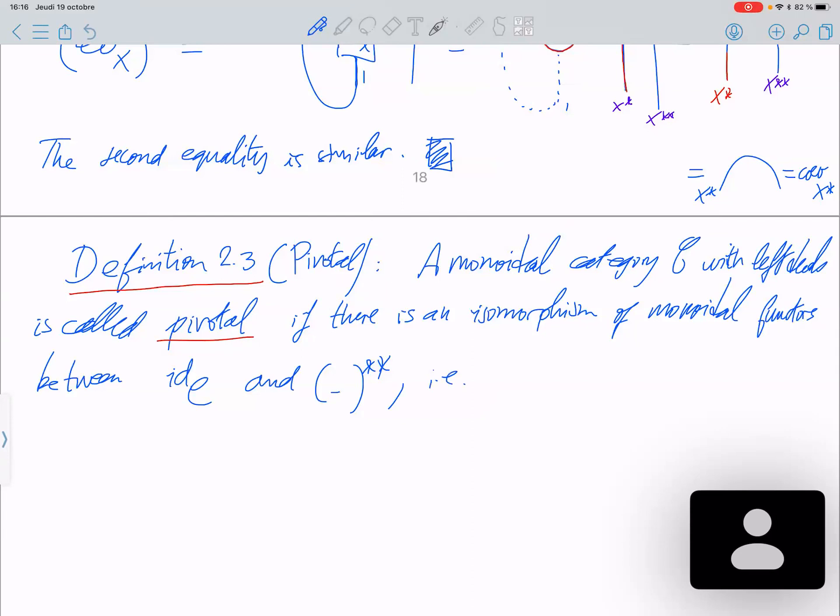So let me reformulate this definition. Such an isomorphism of monoidal functors means the following.